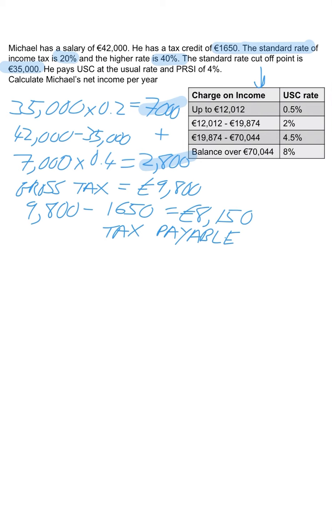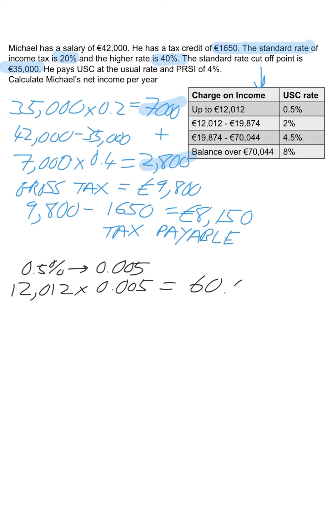Next thing we need to look at is the USC. So just like the previous question, the first 12,012 euro is paid at 0.05%. So 0.05% as a decimal would be 0.005. So we're doing 12,012 times 0.005. That is 60 euro and 6 cents.